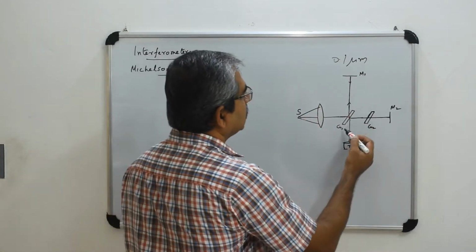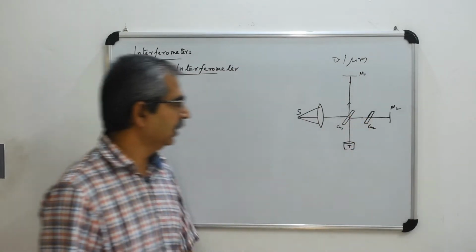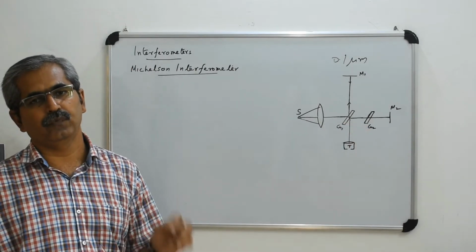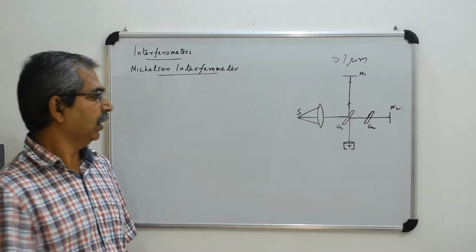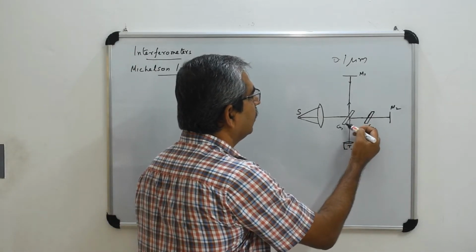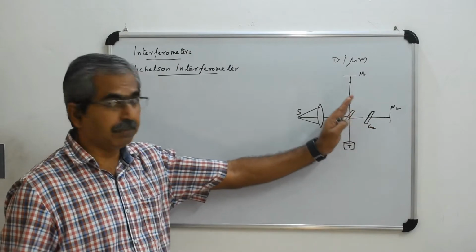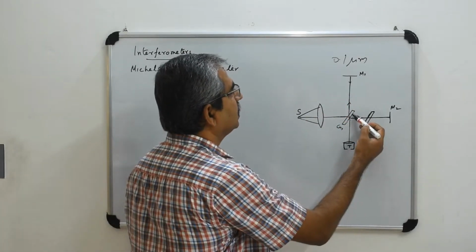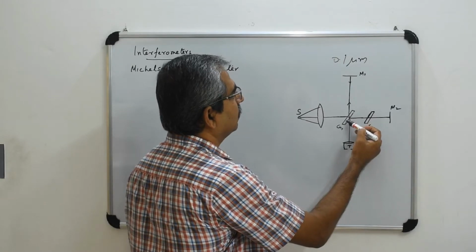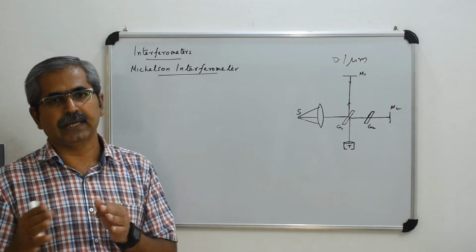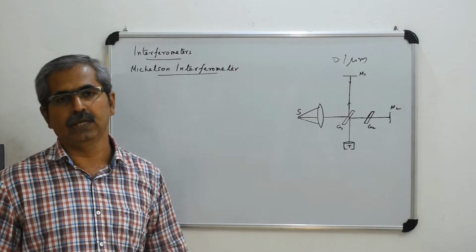Now G1 and G2 are two optically flat glass plates. G1 has a coating; it is semi-silvered on the back surface. That is, this surface is semi-silvered, which means it can partially transmit and partially reflect.